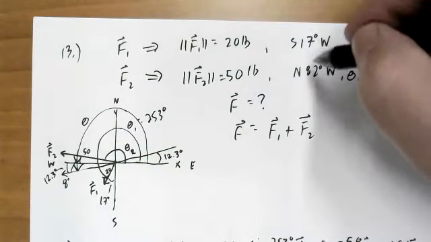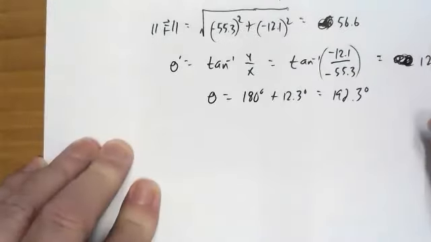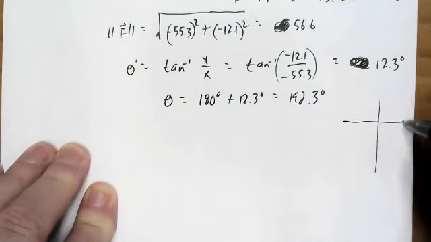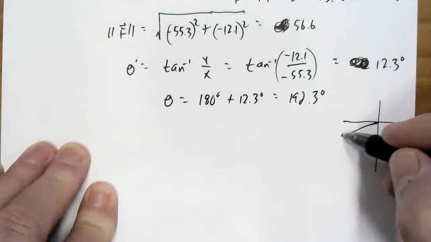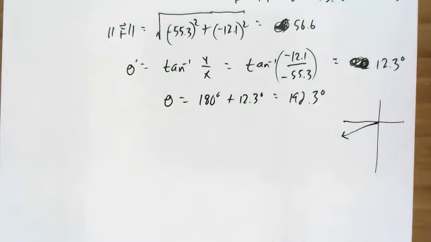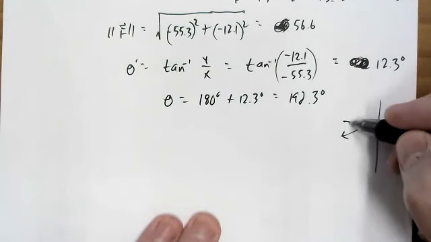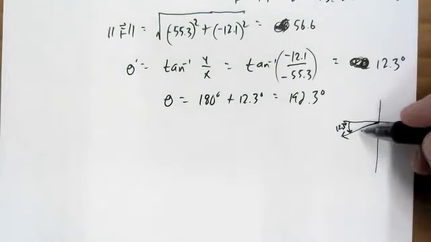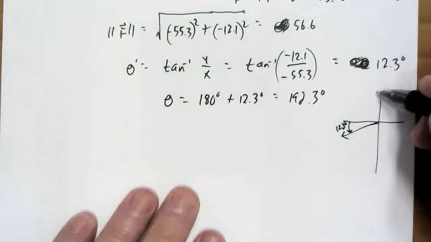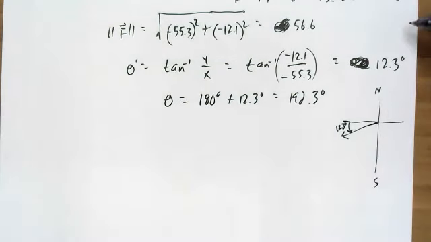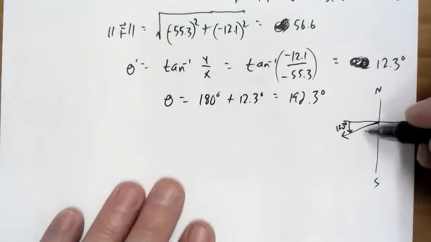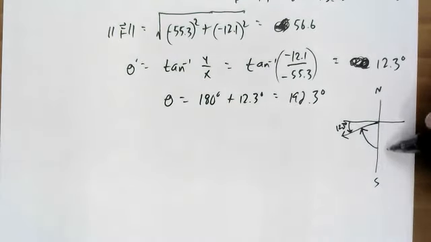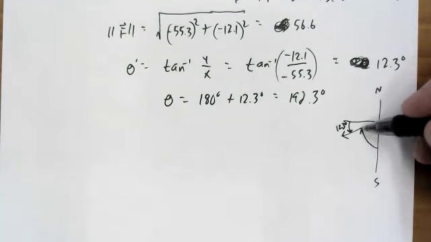We should give them the final answer in these compass directions. So 192.3 looks like this, where this right here is 12.3 degrees. Now, when you do compass directions, you've got to choose north or south, whichever one you're closest to. This is closest to the south. So I've got to give this direction as south and then this many degrees to the west.